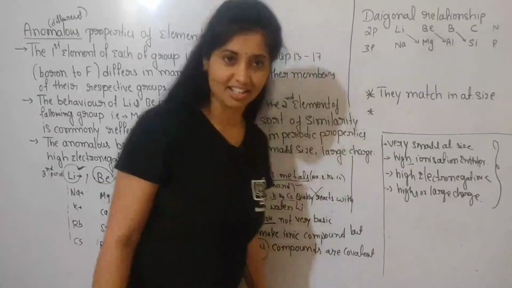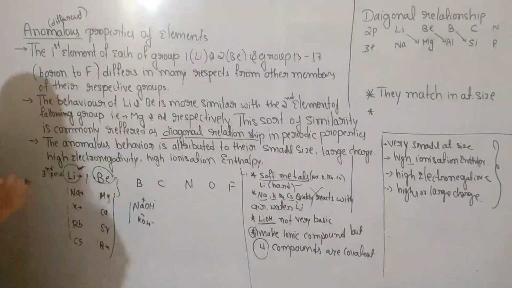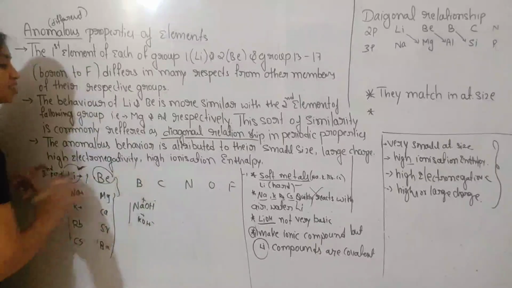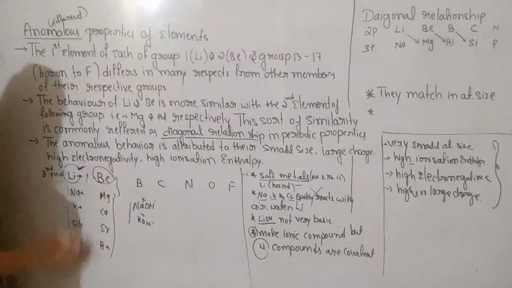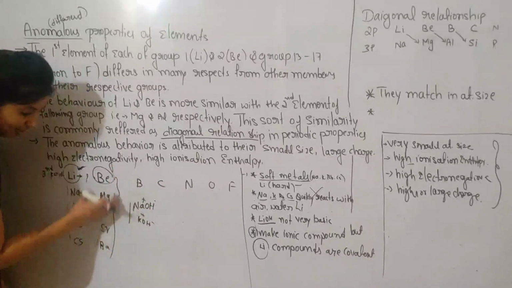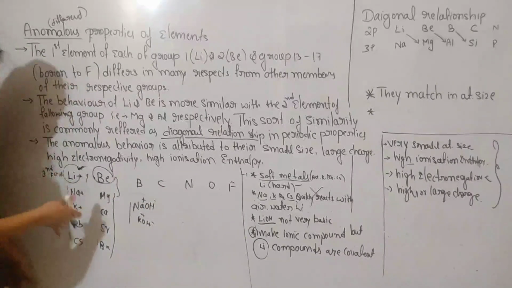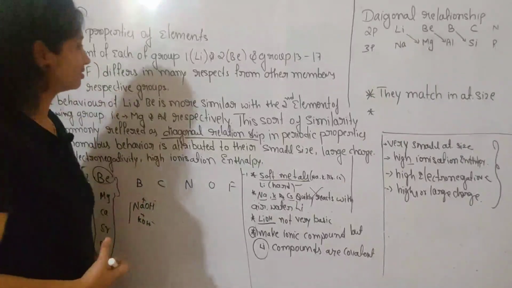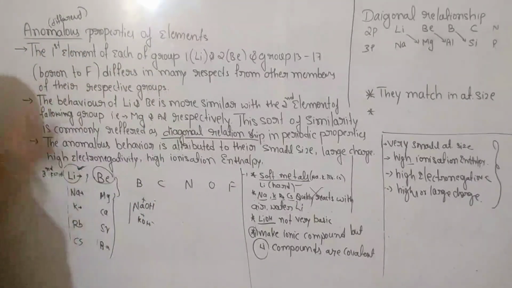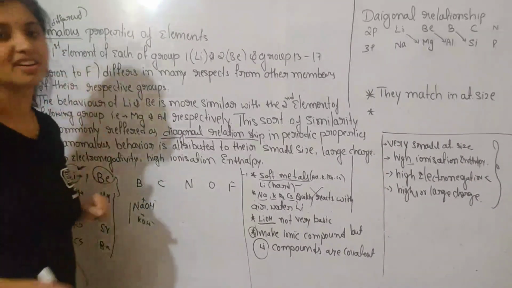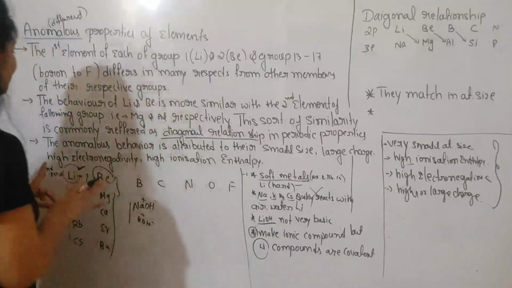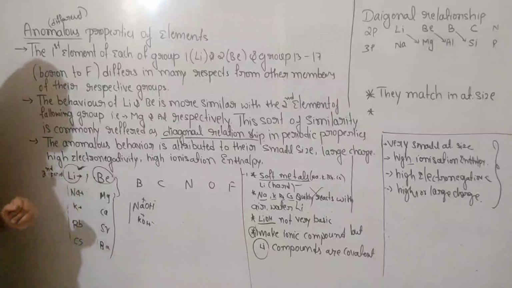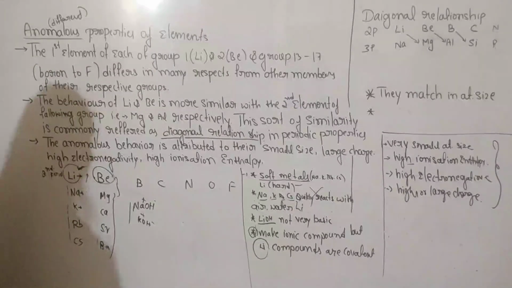That's why they show different or anomalous properties than many other elements belonging to their groups. So this is all about the anomalous properties of second period elements. I hope you got the point.